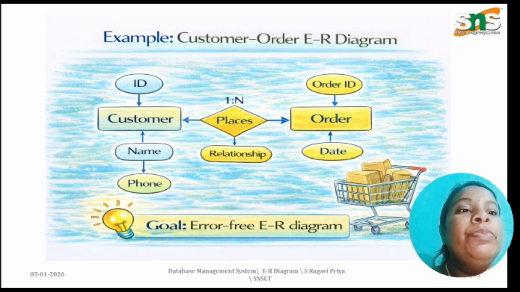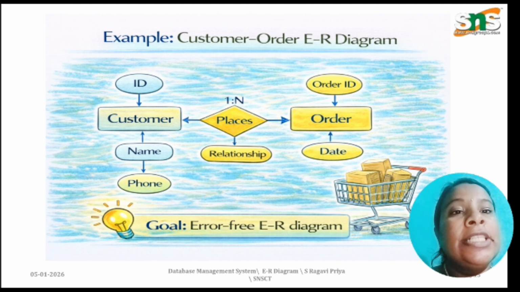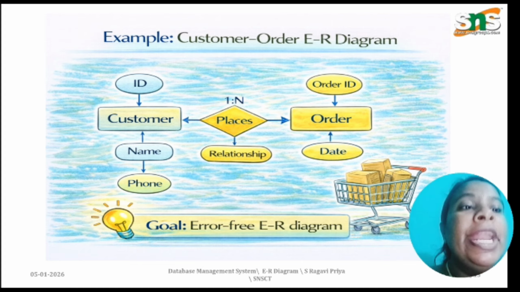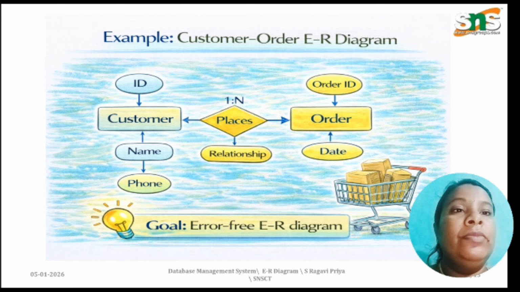The relationship between these two entities is places. There is a 1:n relationship: a single customer can place many orders, so it has multiple orders. So the relationship established here is 1:n. This is an error free ER diagram.